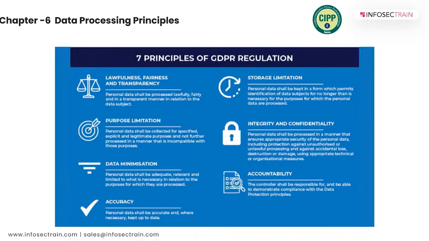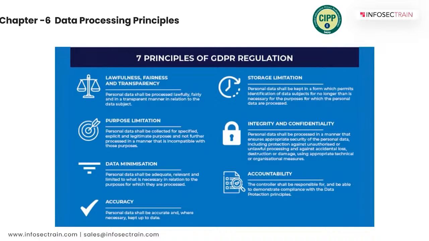And what is considered transparency? Transparency is whenever you are collecting personal data from any data subject, you need to ensure that the data subject is absolutely clear about the processing activity. They have been provided the required information to make a clear decision, right?